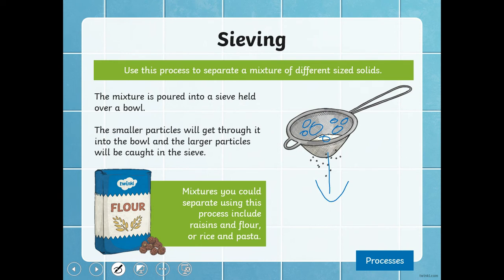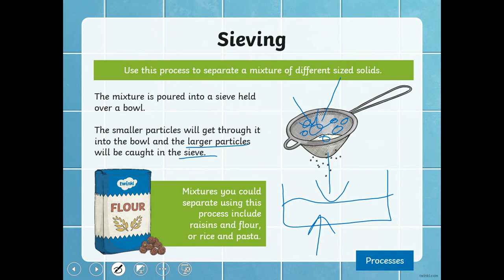And then if we have a bowl, the flour will be in here, and the raisins would stay inside this entity here. Like they say, the larger particles will be caught in the sieve, so the raisins will be caught in the sieve, but the smaller particles like the flour will go into the bowl.